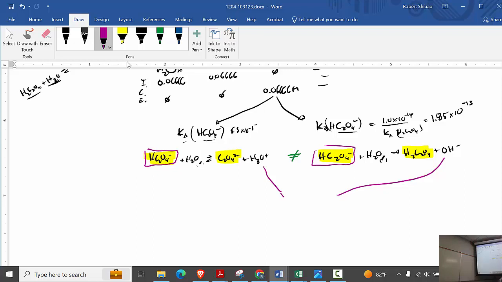Kw ties these two together. And so the answer to this is you have to do this simultaneously: Ka, Kb, and Kw. That's the answer.